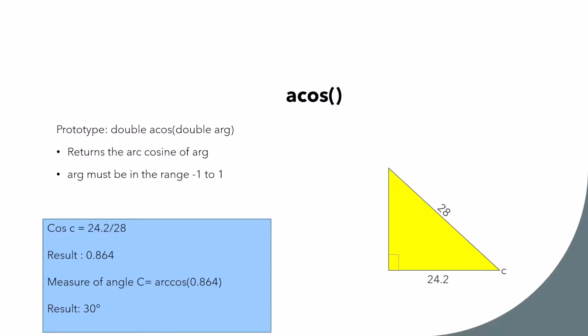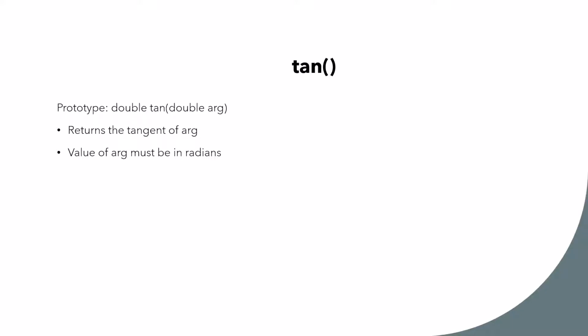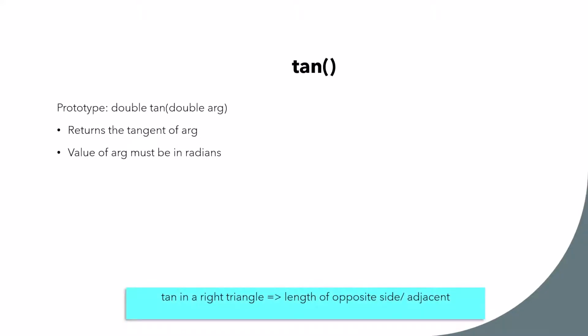Moving on, we come to tangent, and you can see from the prototype this function takes as argument a double and returns a double as well, returns a tangent of the argument. The value of the argument must be in radians again. And tan in a right triangle is length of the opposite side divided by adjacent side.